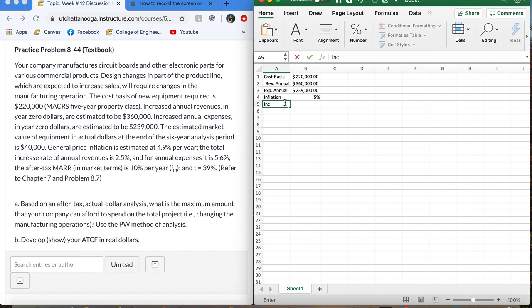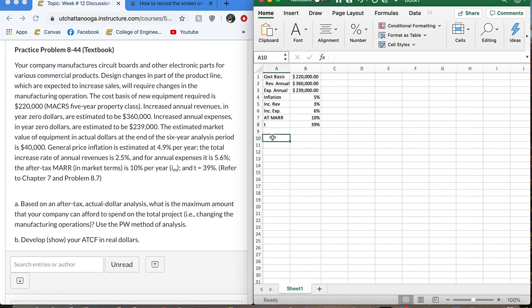Our increase in revenue is going to be 2.5%. Increase in expenses is going to be 5.6%. Our after-tax MARR is going to be equal to 10%. And then our tax rate is going to be 39%.